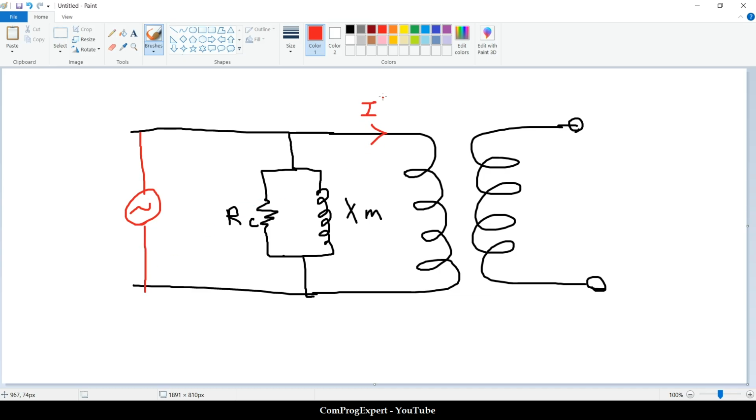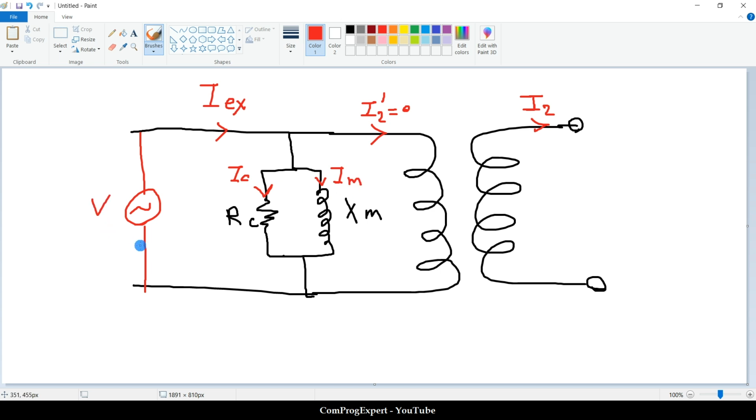This is I2 prime. This is I2. And the value of the excitation current, let's call it the excitation current in this case, is equal to the summation of the core loss current and the magnetizing current IM.